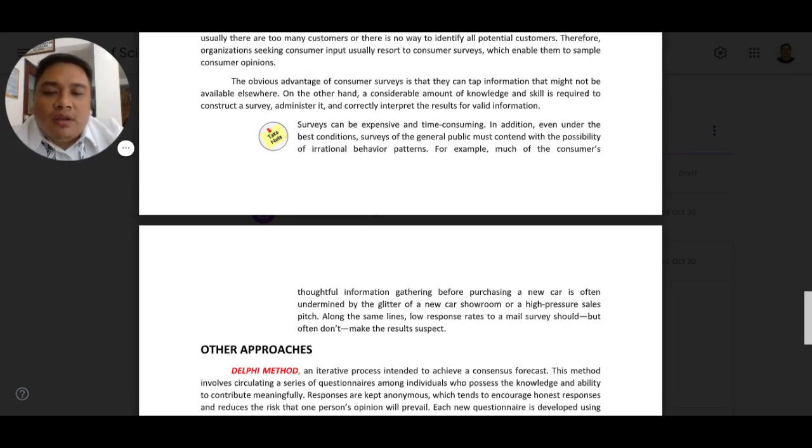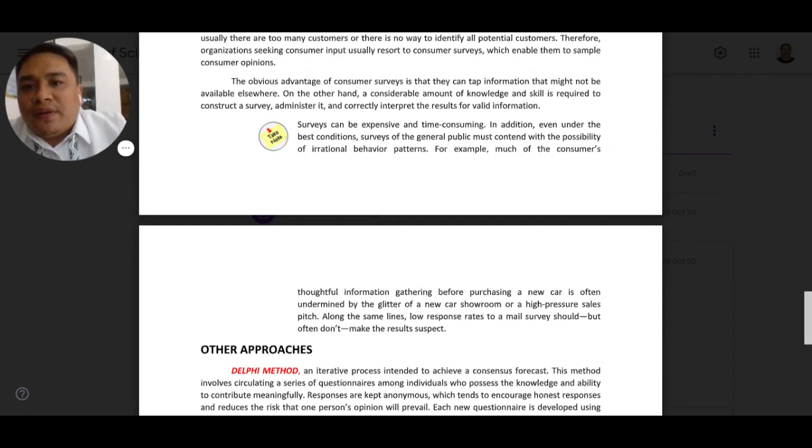Along the same lines, low response rates to a mail survey should, but often don't, make the results suspect. This means that not everything we gather from our consumers is direct information that could help the business organization, because of people's behavior and attitude, they do not always give the exact survey or feedback.